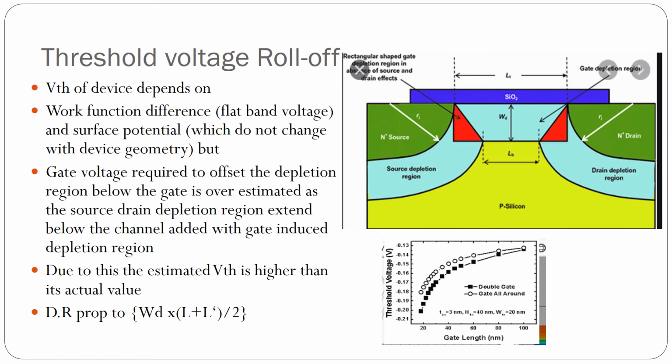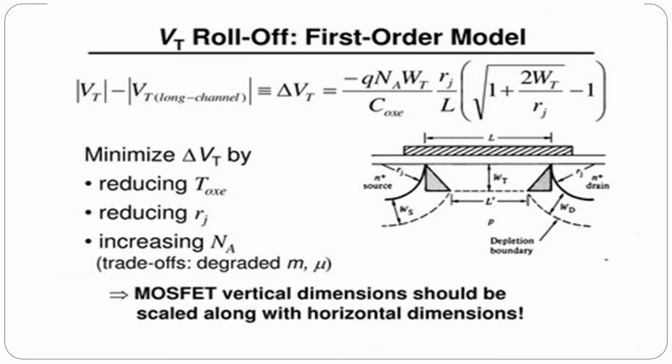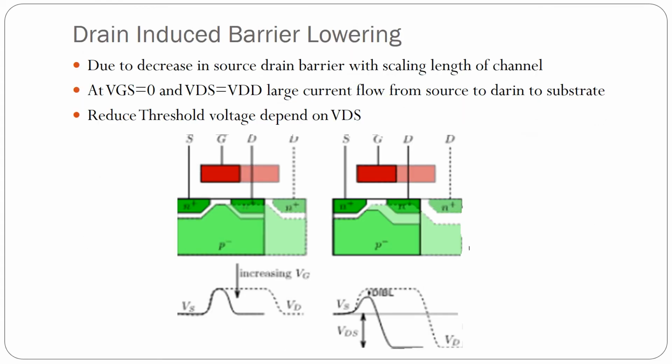That is because of this short channel effect, and it is known as threshold voltage roll-off. The actual value of the threshold is smaller as compared to the estimated value due to the expressions of the previous generation threshold value calculation. This is showing the same. I will show you with the pointer.